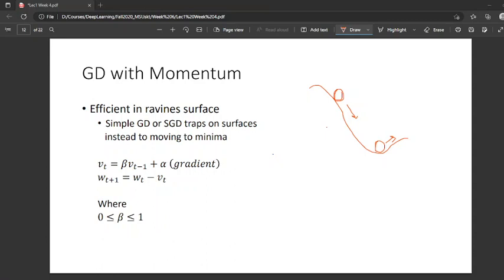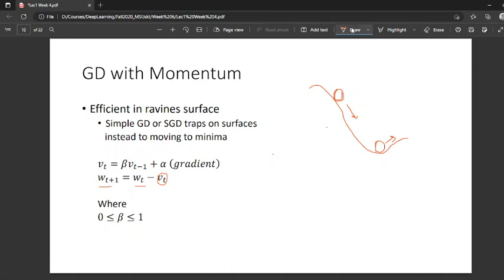So here in the GD with momentum algorithm, momentum is given to the gradient descent algorithm in a specific way, and that specific way is given here. For the weight update, we use the previous weight minus this Vt term, and this Vt term is calculated in this way, which uses the current gradient and the previous value of Vt, or velocity.